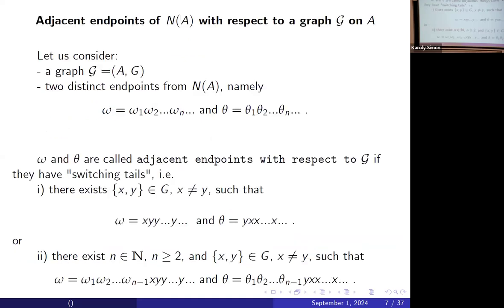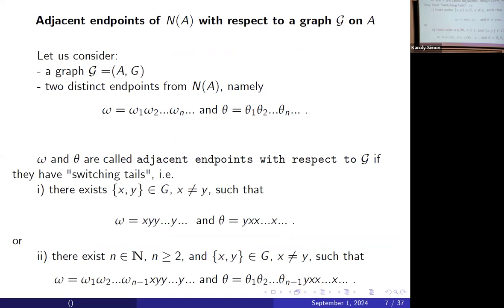Now I need another notion. What do I mean by two adjacent endpoints? Let us suppose that we have a graph G and two distinct endpoints, omega and theta.